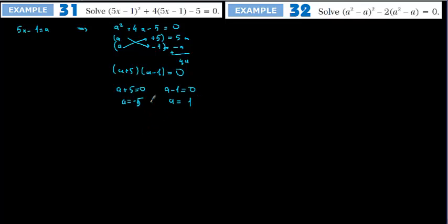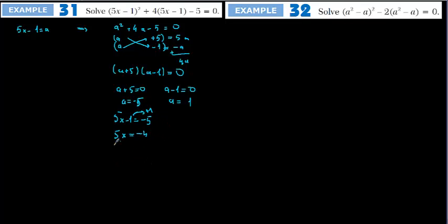If a is equal to -5, it means that 5x - 1 is equal to -5, because I said a is equal to 5x - 1. Then 5x is equal to -4, because -1 goes to the other side as plus 1, and -5 plus 1 is equal to -4.